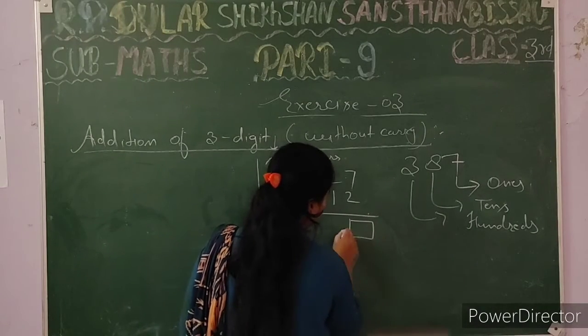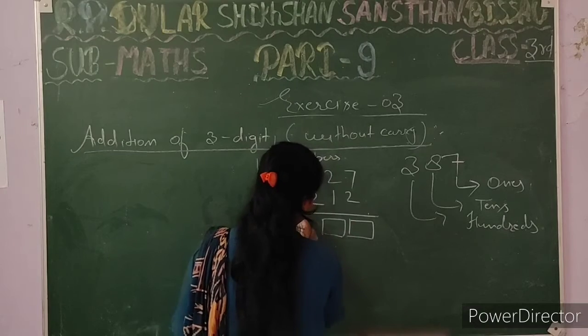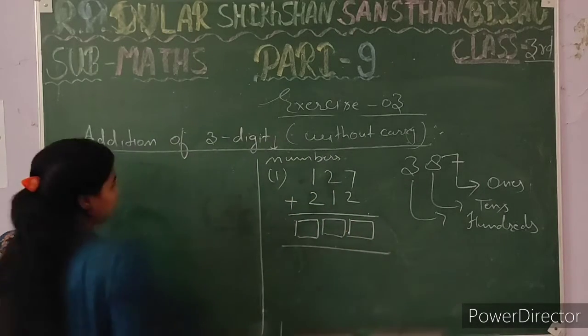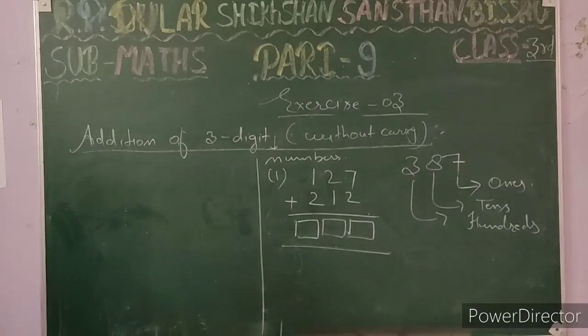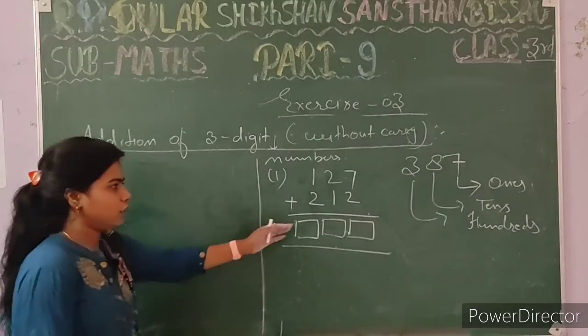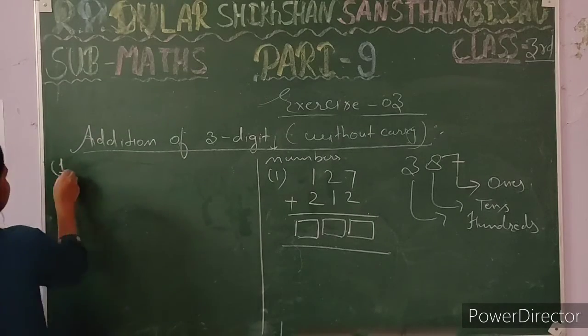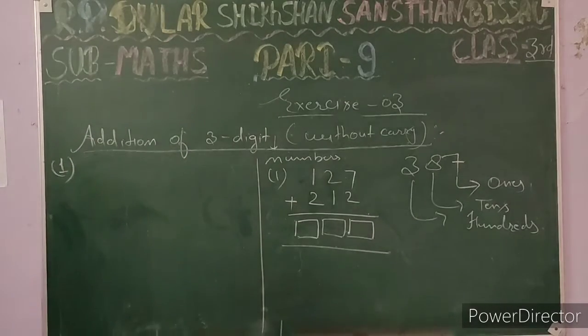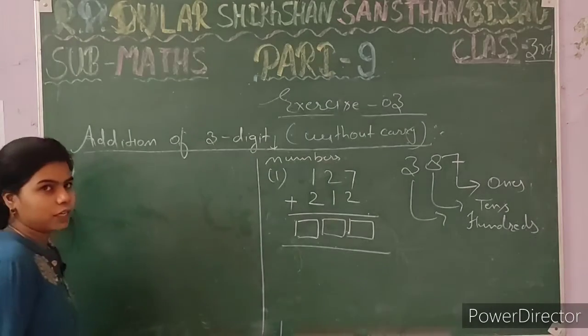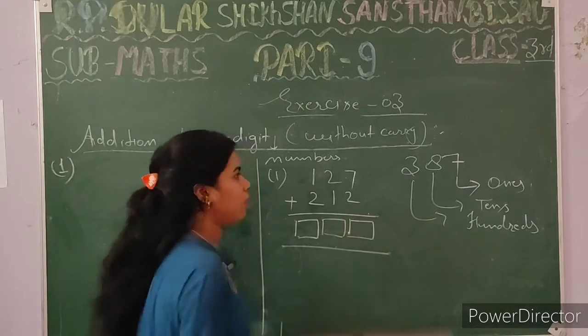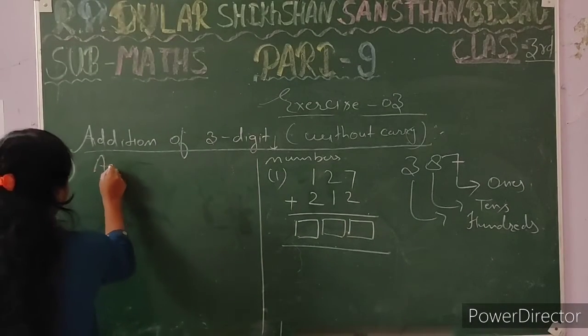So here one box, here one box, here one box. This is the question: how do we add 3-digit numbers without carry? So first step, we add the ones digit numbers.